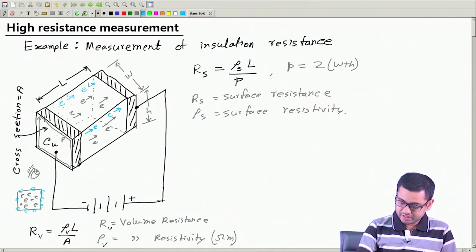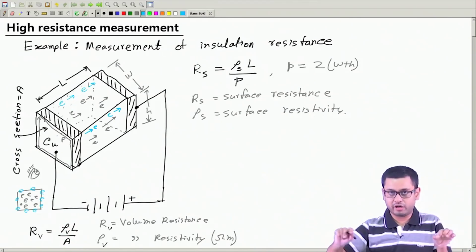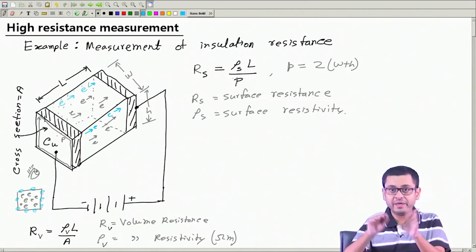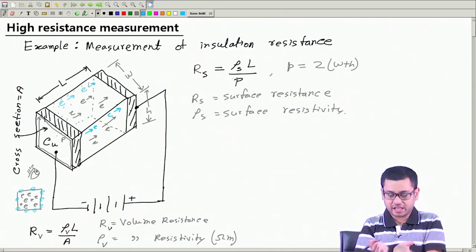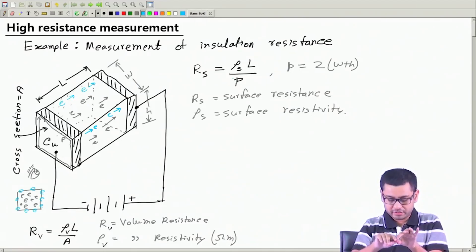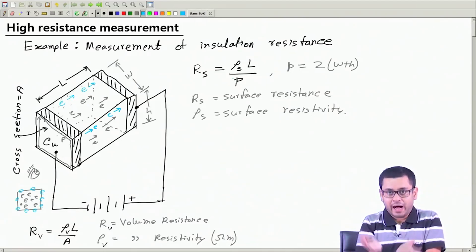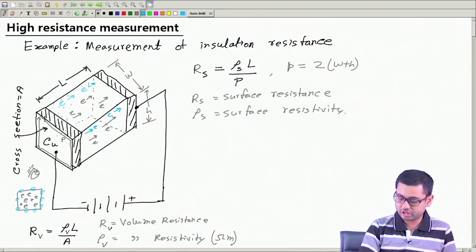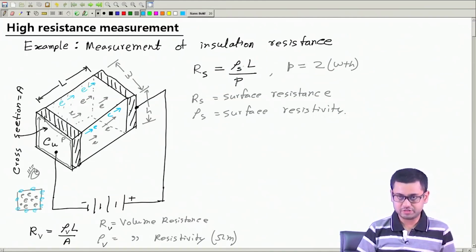Similarly, here this resistance is again proportional to the length, how long the current has to flow, and is inversely proportional to how wide the path of the current is, which is this peripheral length. Okay. And the proportionality constant is called surface resistivity.